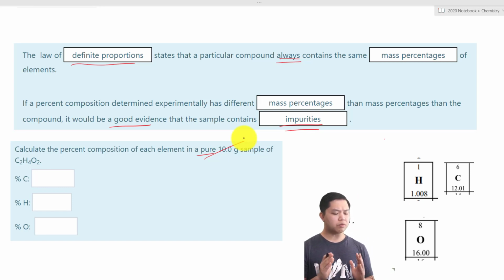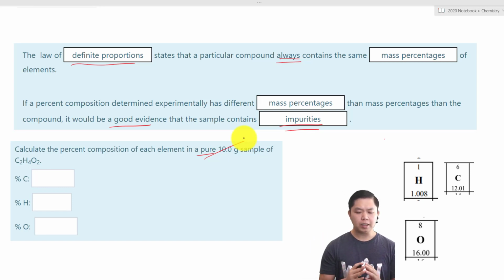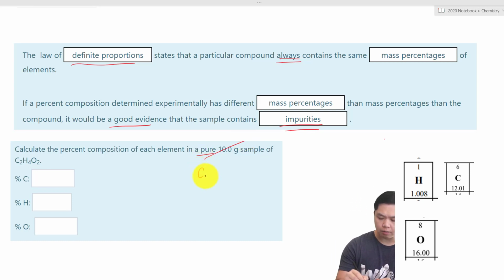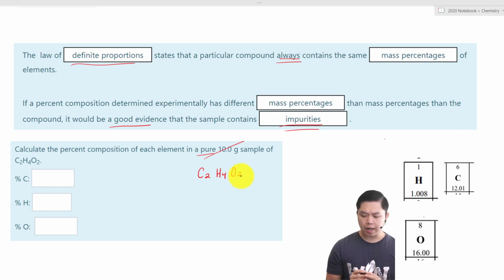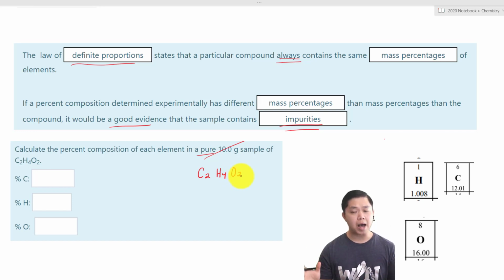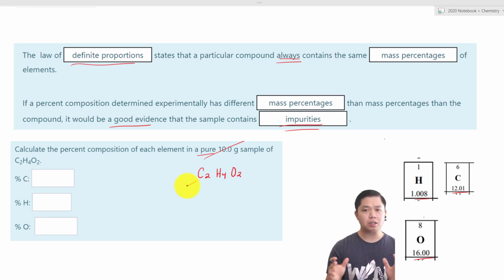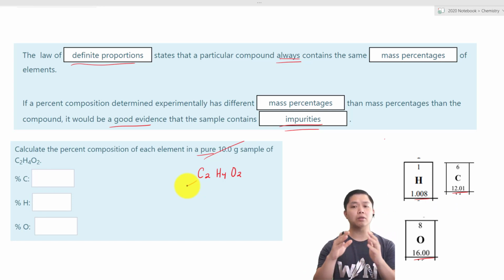The way to solve this is that we first need to calculate the total mass. So first of all, we are going to write this out: C2H4O2. Then we are going to find the molar mass, which is the mass of all the elements. Here I have my periodic table, the screenshot right there, so we can use this and solve it out. We need to find the total. Again, percentage is about the total.